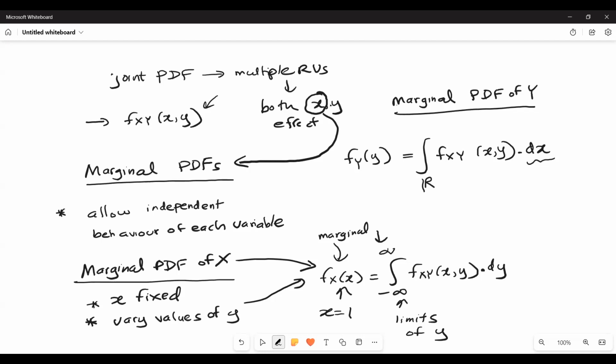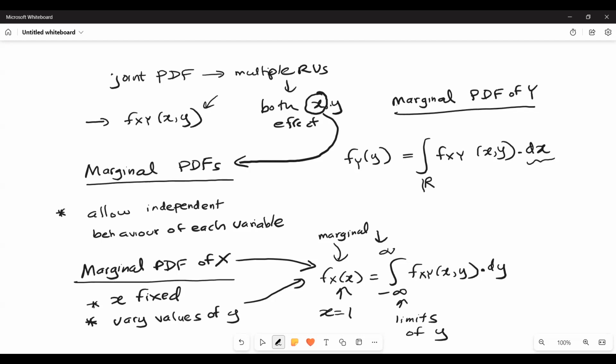Marginal CDF values we can define as the probability of these random variables being below certain x and y limits.